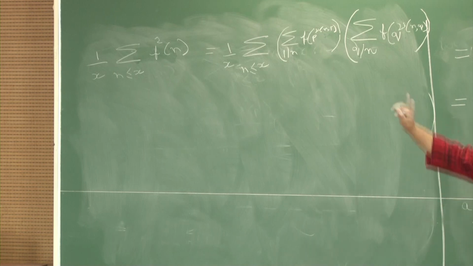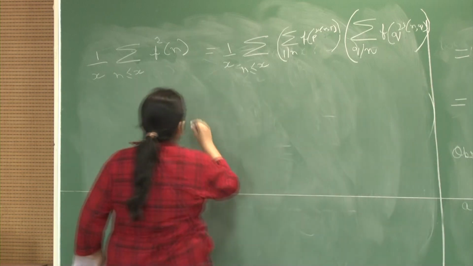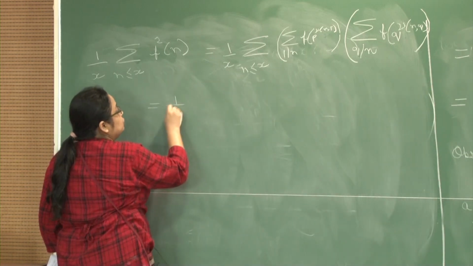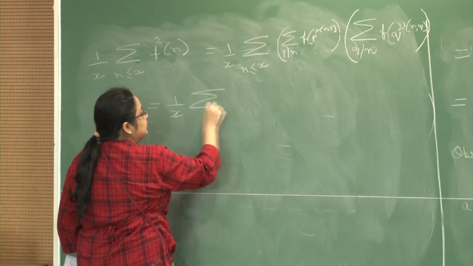So, you have two different sums inside this sum which you are multiplying. So, you write a term by term product.